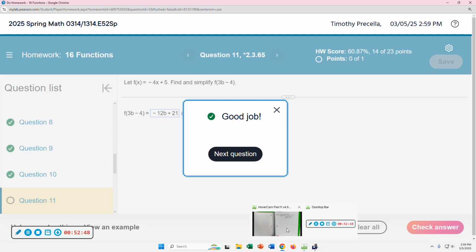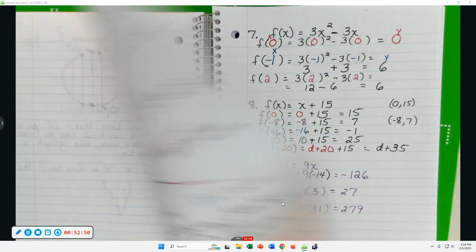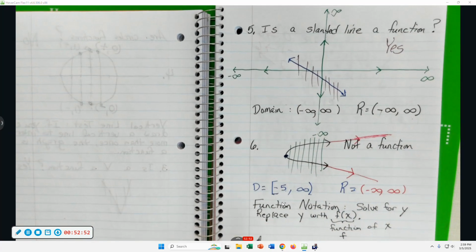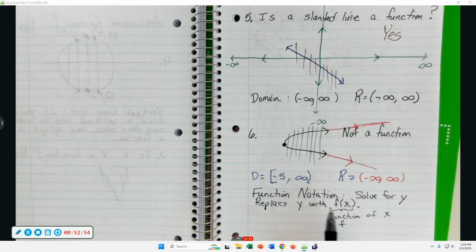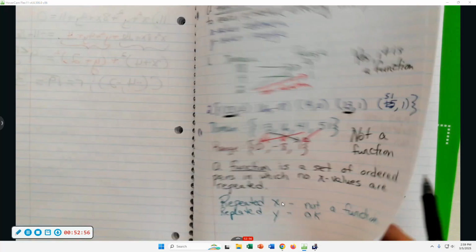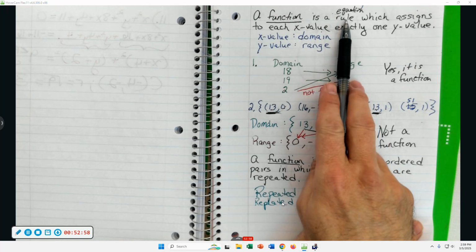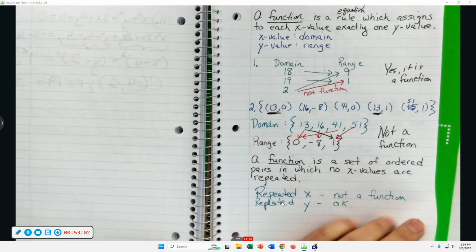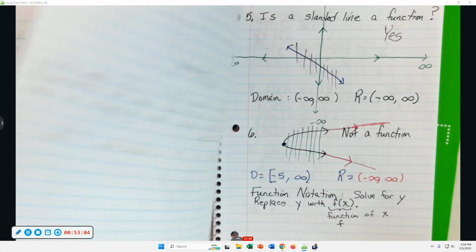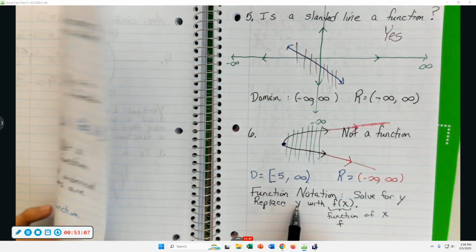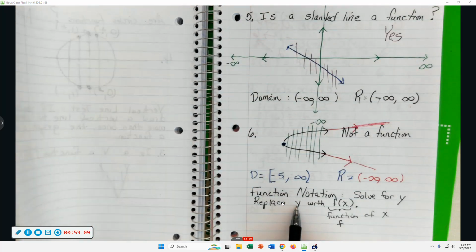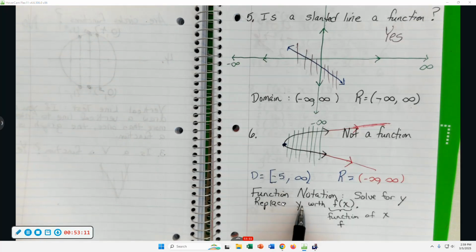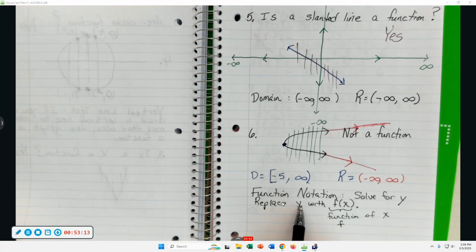When we started this function notation, I said we have equations. We can have an equation as the rule. A function is an equation which assigns each x value exactly one y value. Instead of using x's and y's in the equation, if it's solved for y, then we can just replace y with f of x.